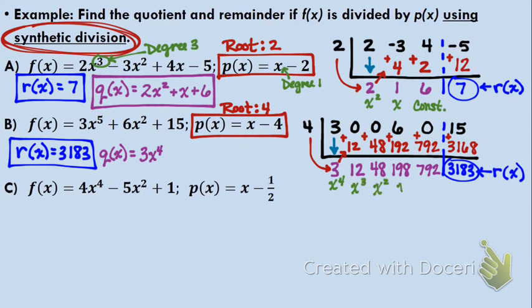Yes, 3x to the 4th plus 12x cubed plus 48x squared plus 198x plus 792.